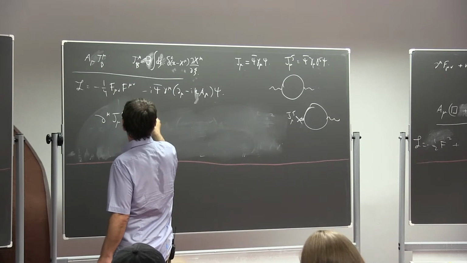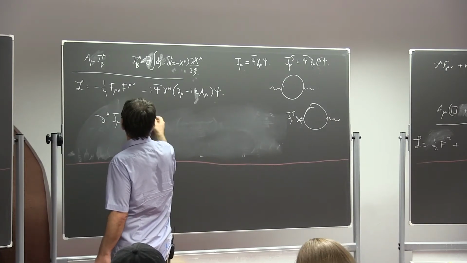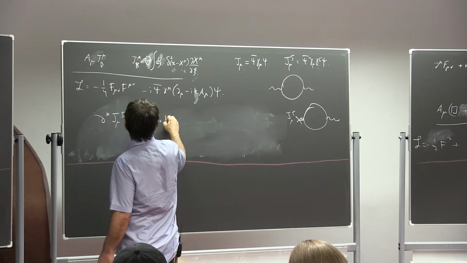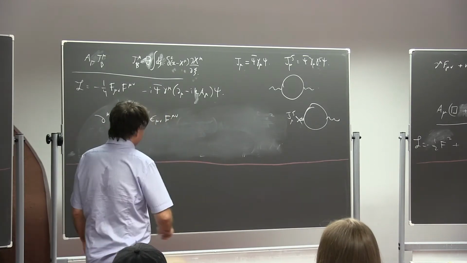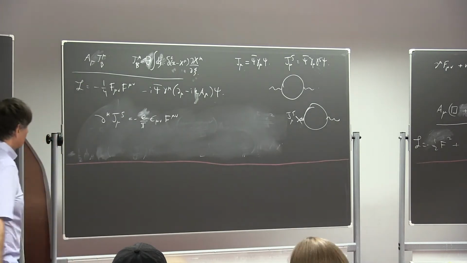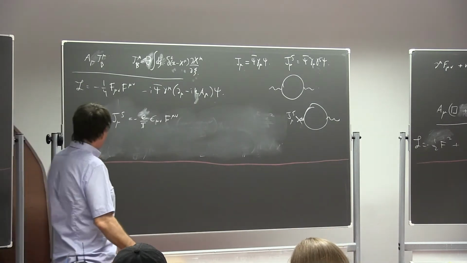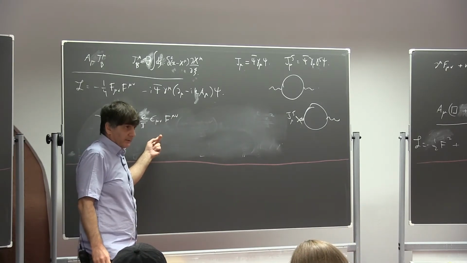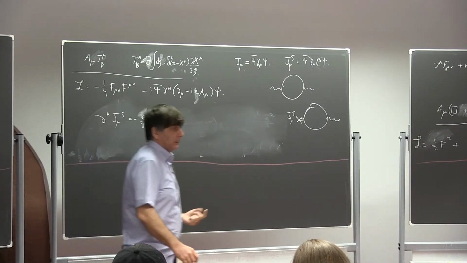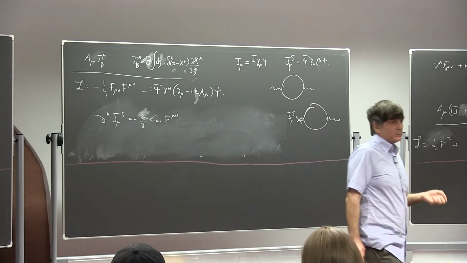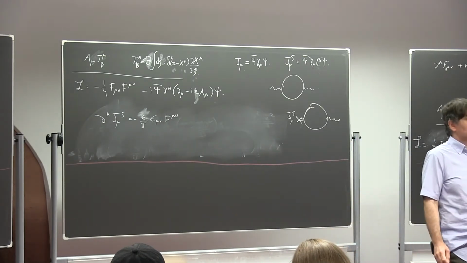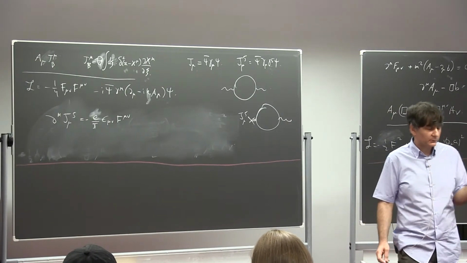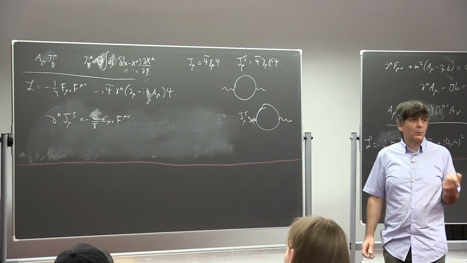Non-conservation has this form. So now, there is this anomaly. Why is this anomaly generating mass for the photon? Because in 1+1 dimensions, we have relations between axial and vector currents, which we don't have in 3+1 dimensions. What is the reason for that?